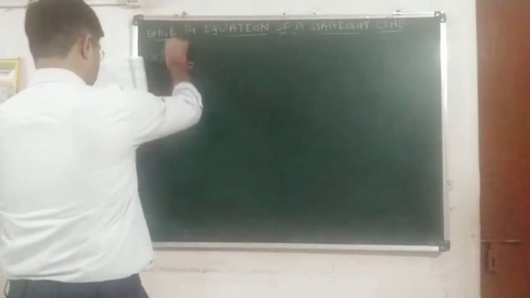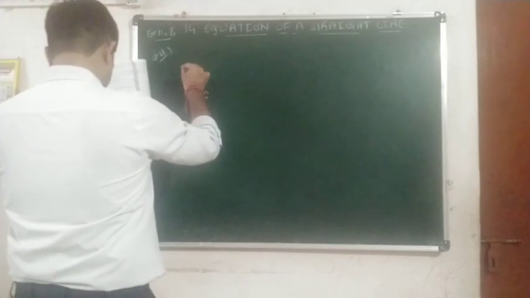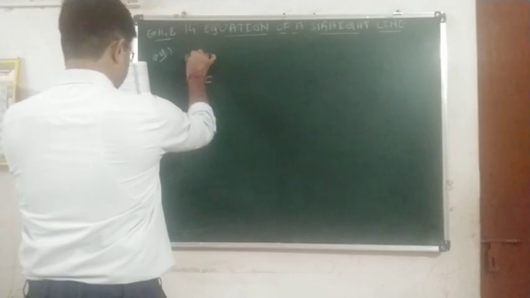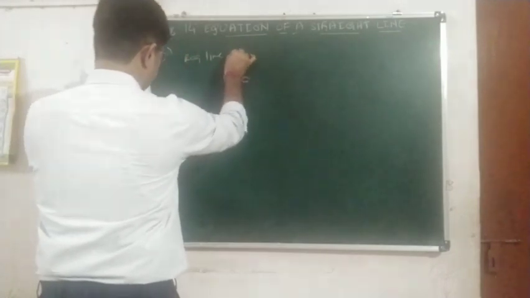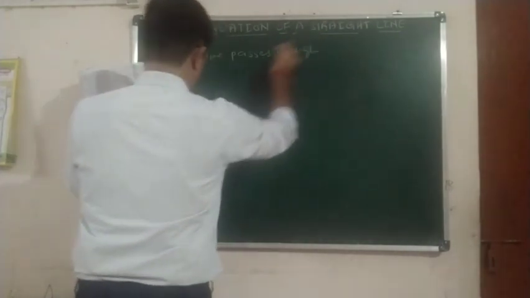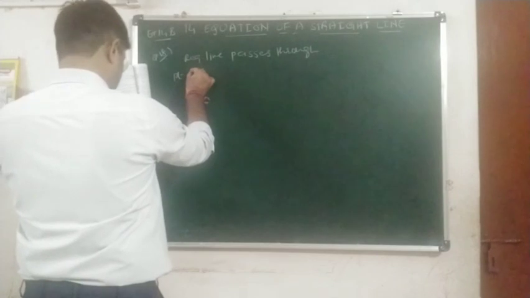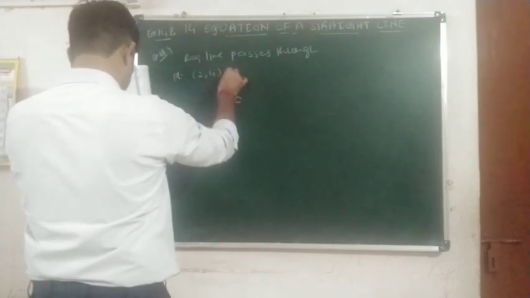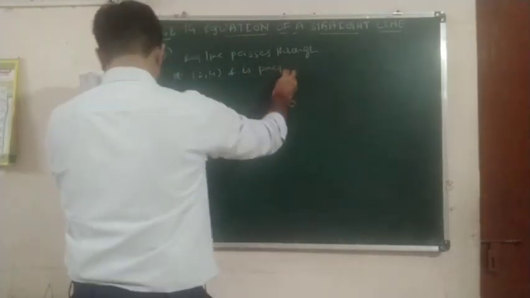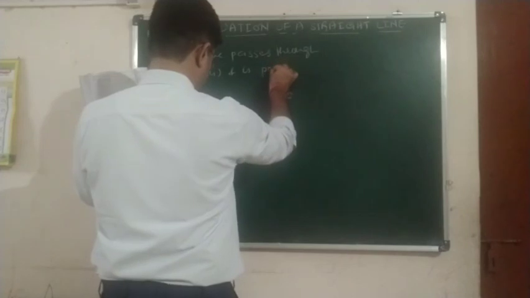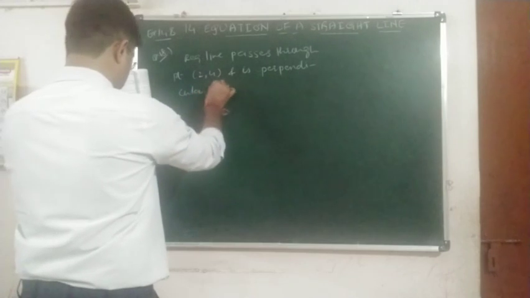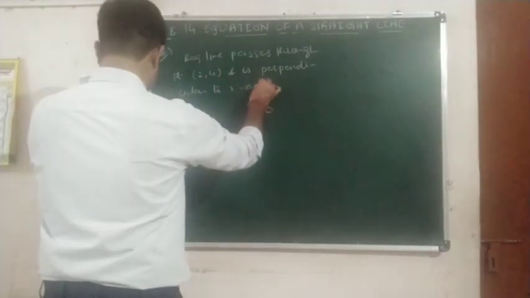Question number 18. Find the equation of the line passing through the point 2, 4 and perpendicular to the x-axis. Now it is given that the required line passes through point 2, 4 and is perpendicular to x-axis.